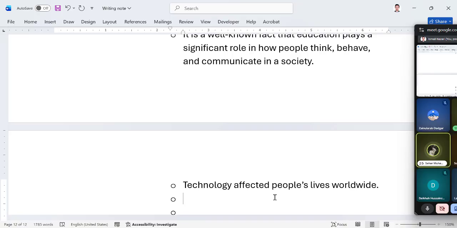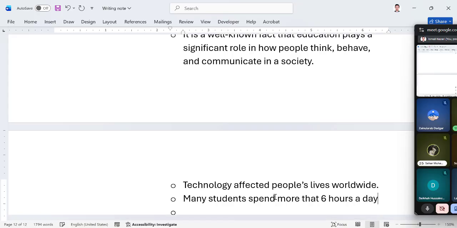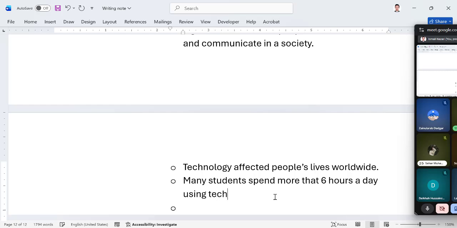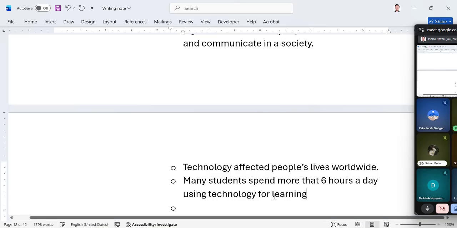Many students spend more than 6 hours a day using technology for learning and communication.